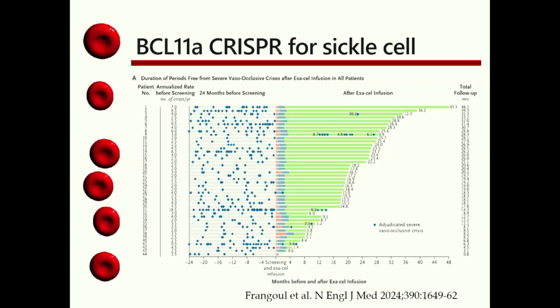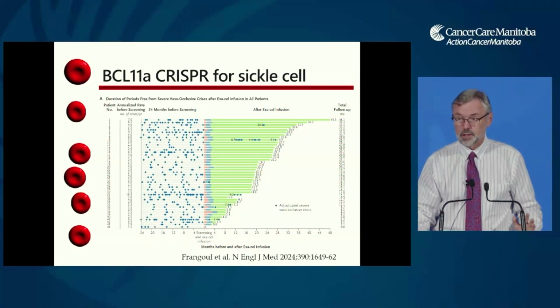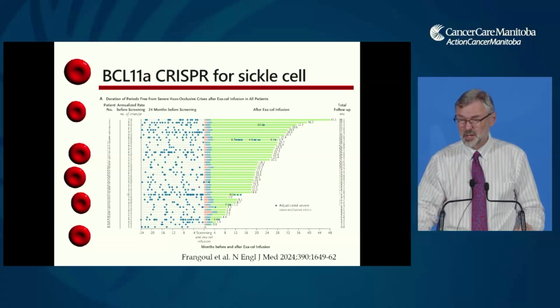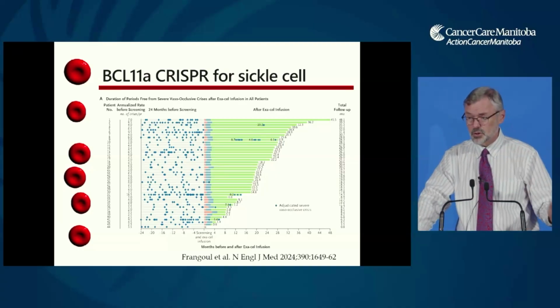I mean, they had to, or they wouldn't get onto this study. And to the right of that pink line, after their gene therapy, almost all of the patients stop having pain crises completely. So a few still did, but most just stopped. I mean, it cures people.